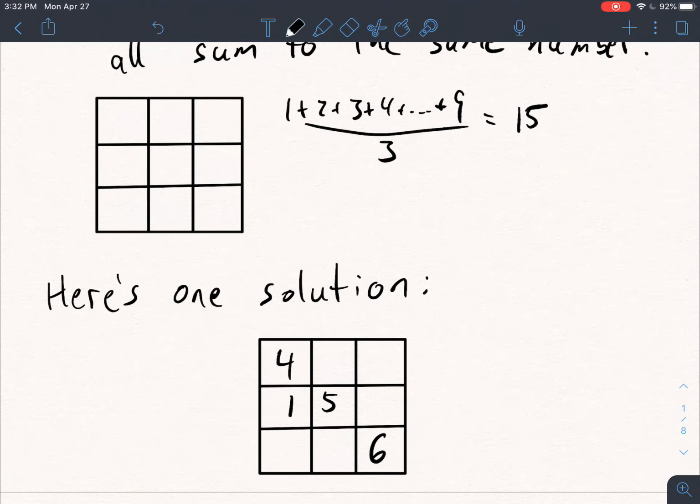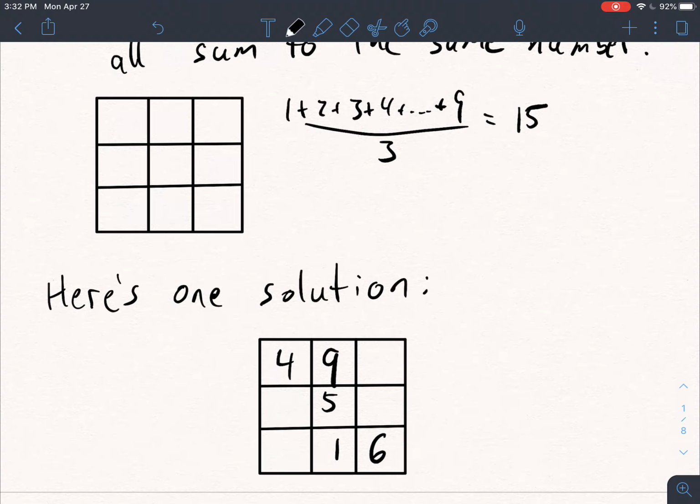So you can't put a 1 right here or right here, because if you did, then this first column would have to add up to 15, and so this would have to be a 10 for that to happen, but the biggest number we can pick is a 9. So the 1 can't go there, and it also can't go here for the same reason, or here. So it has to go either here or here, and it doesn't matter which one we pick, up to symmetry.